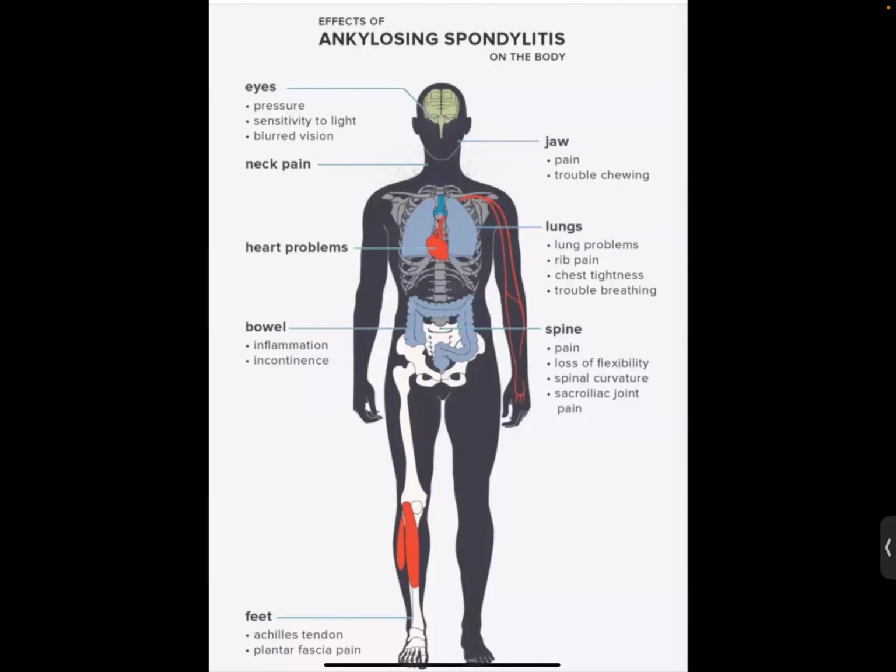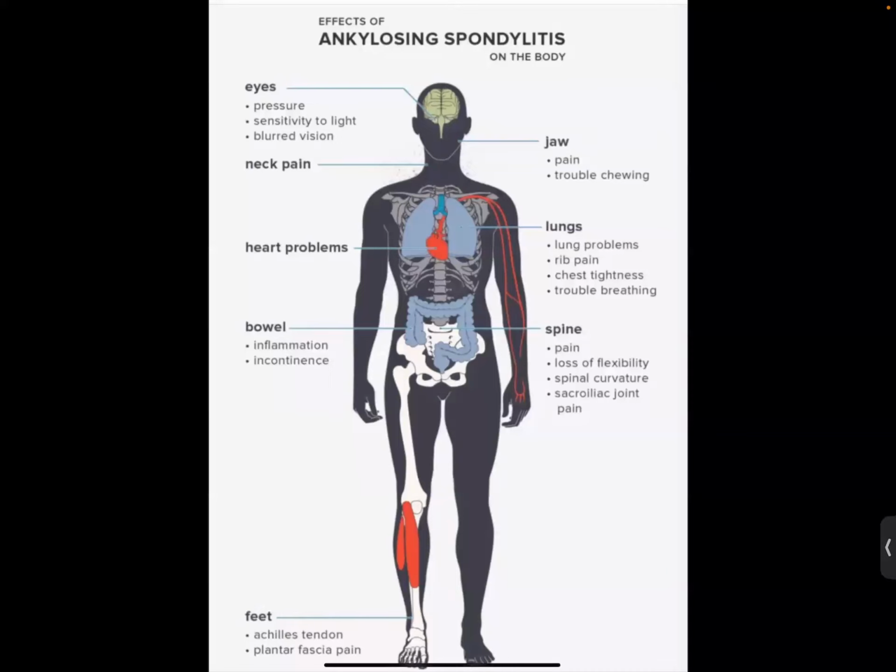What are the effects or the clinical picture of ankylosing spondylitis? You will find eye manifestations, pressure, sensitivity to light, blurred vision, neck pain, sometimes heart problems, inflammation of the bowel, sometimes bowel incontinence, spine pain, loss of flexibility, spinal curvature, sacroiliac joint pain.